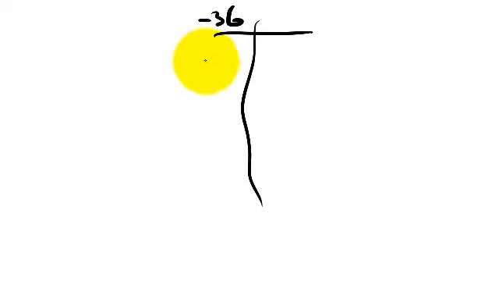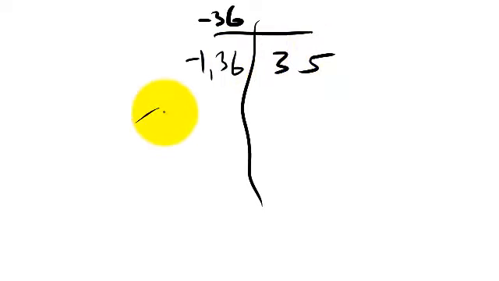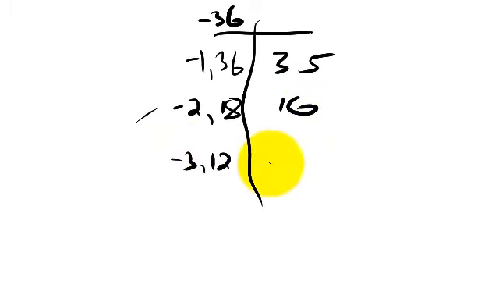Let's try negative 1 and 36. Well, that's 35. Okay. How about negative 2 and 18? No, that adds to 16. How about negative 3 and 12? Well, that adds to a positive 9.